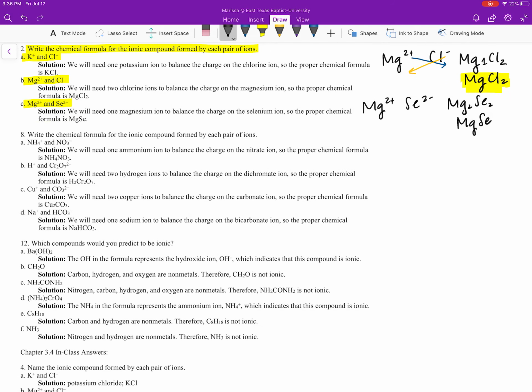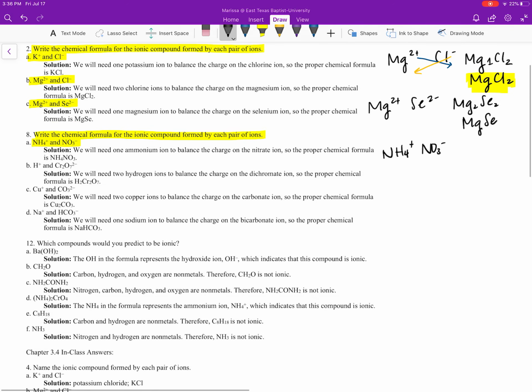The next one says, write the chemical formula for the ionic compound formed by these pair of ions. So it's very similar, except now we're going to be looking at our polyatomic groups. With our polyatomic groups, we are going to swap charges, but we are not going to make any other changes.